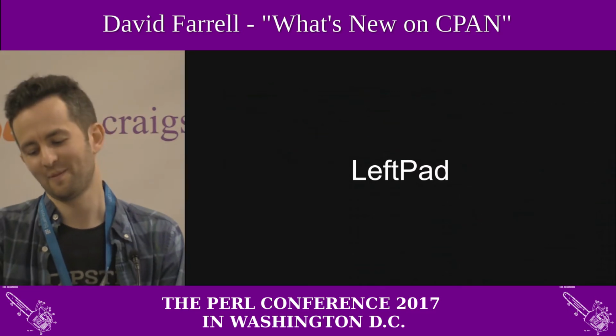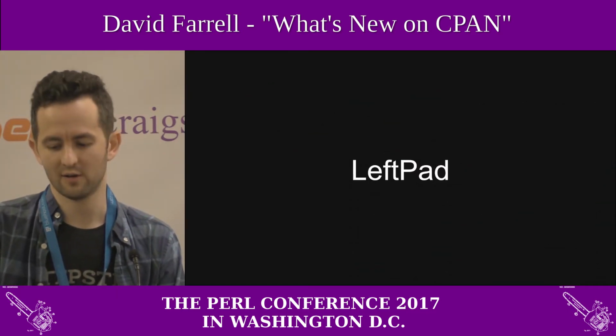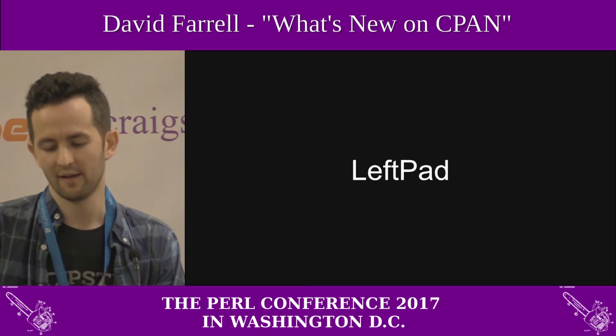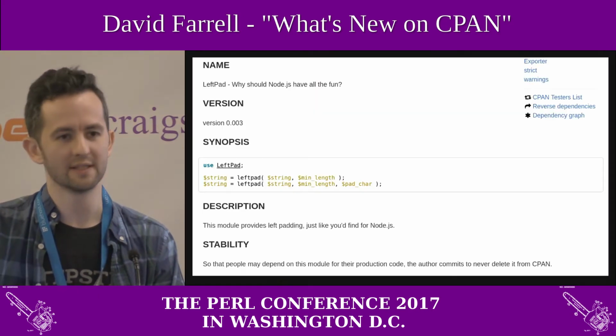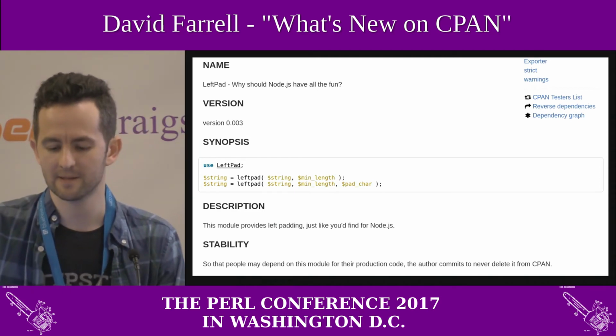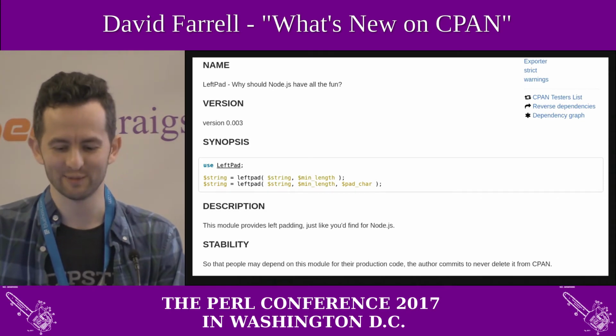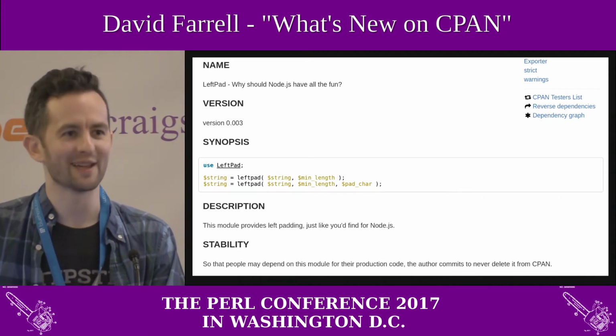Left pad. So you might remember the Node.js controversy last year. Left pad was a library that did very little, but had a huge amount of downstream dependencies. So someone uploaded left pad to CPAN, and this is some advanced trolling game here.